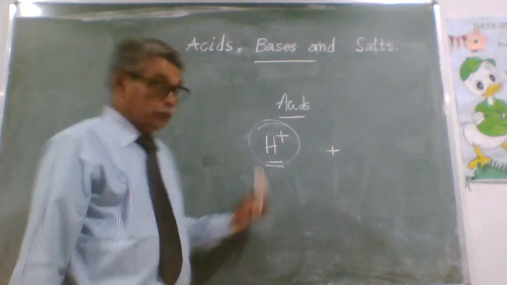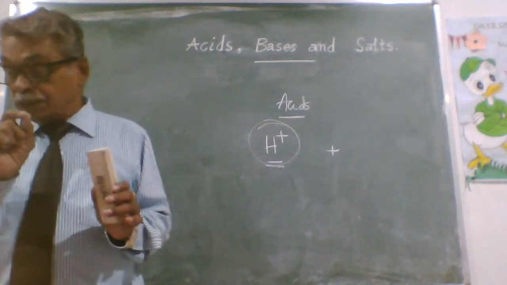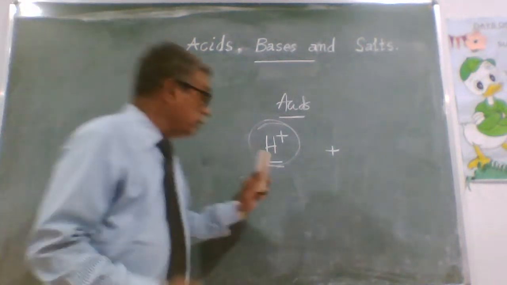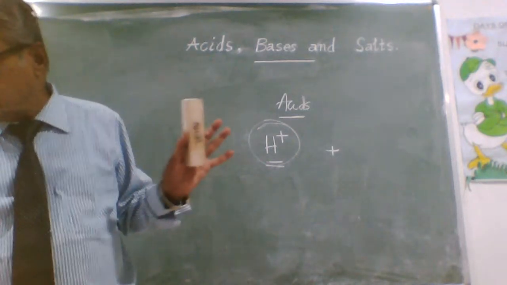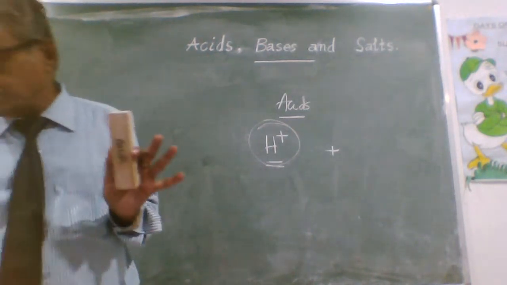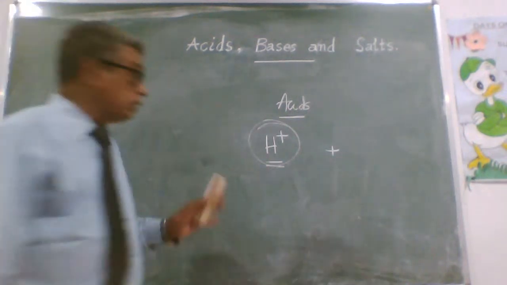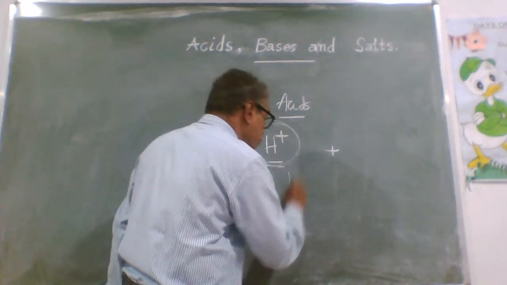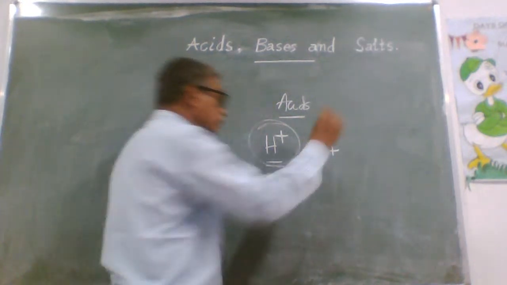So, second definition. First thing is acid is a compound. Acid is a compound which contains replaceable hydrogen ions, and when dissolved in water, they produce H3O plus ions.